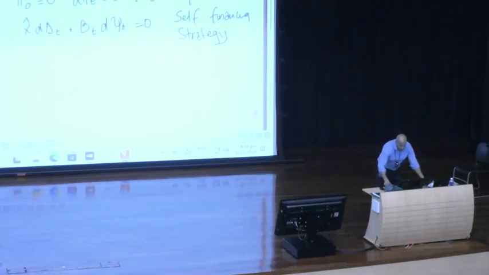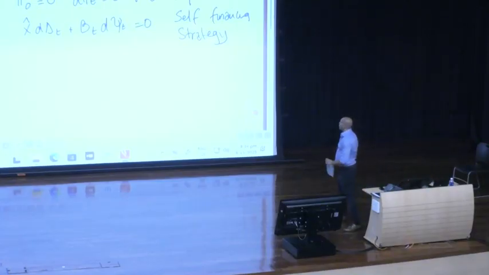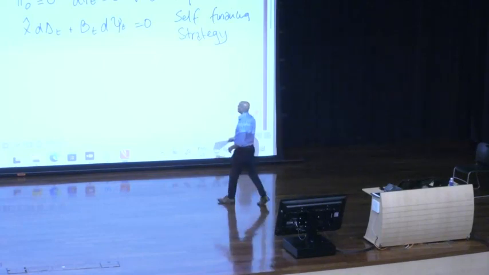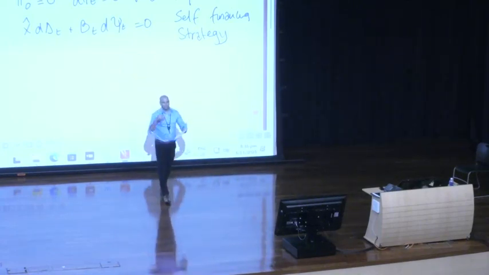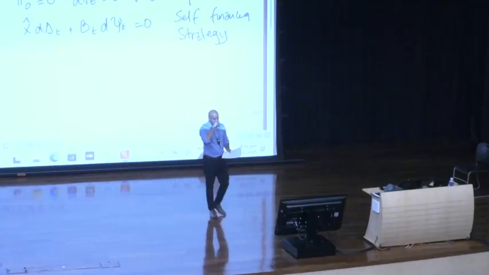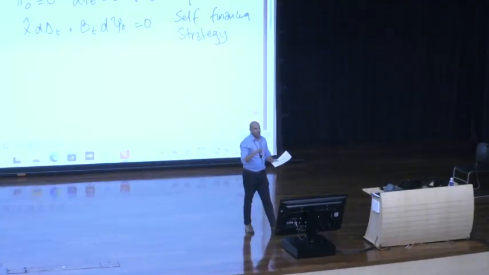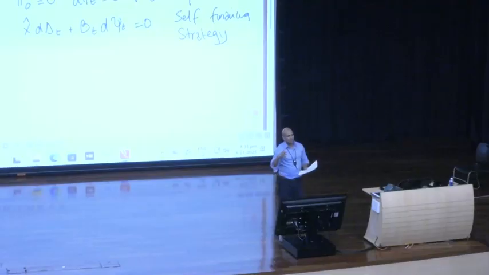Okay, so now you need to compute d pi. And not only that, the only hope you have of ensuring that d pi is equal to 0 is to remove any randomness. Okay? If pi, as a portfolio, has randomness, you have no hope of ensuring it stays well behaved and stays at 0.